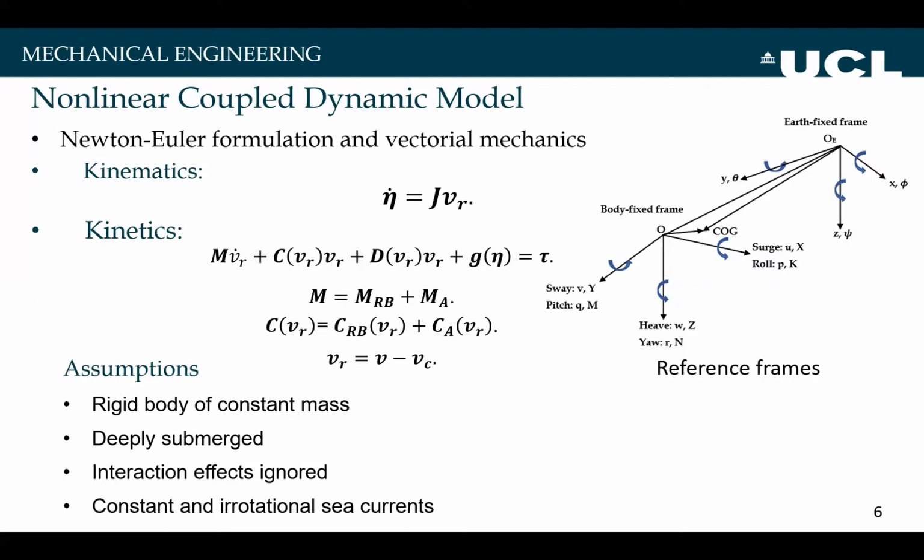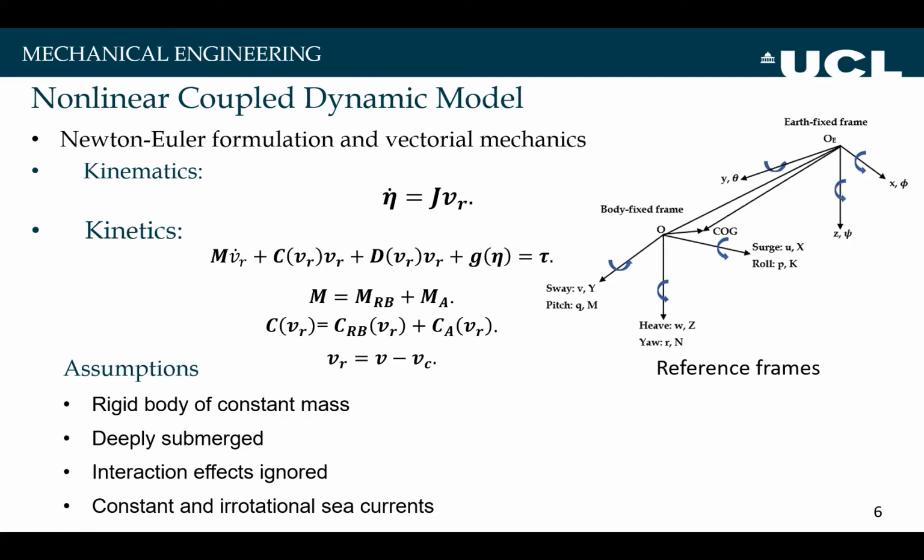Whereas the kinetics takes into account all the forces, such as the inertial forces, Coriolis forces, damping forces, and the hydrostatic forces, which are equated to the thrust forces and moments. The mass matrix, capital M, is equal to the rigid body mass and the added mass matrices.